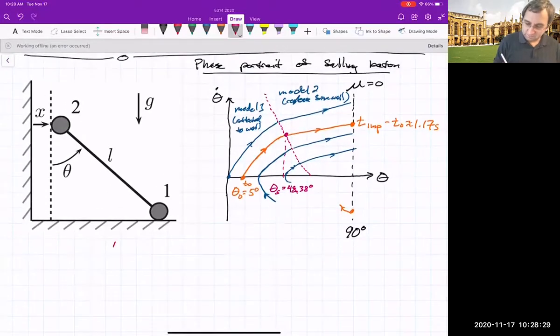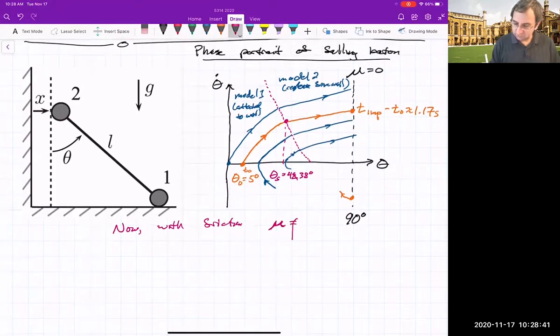So now, with friction, just mu not equal to 0. Then what?